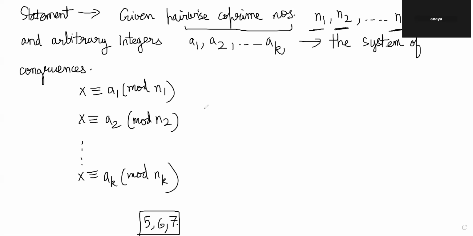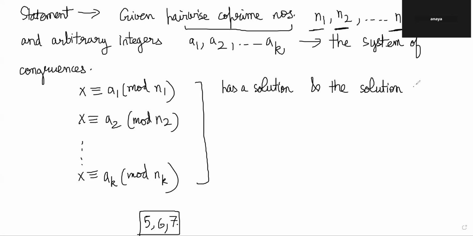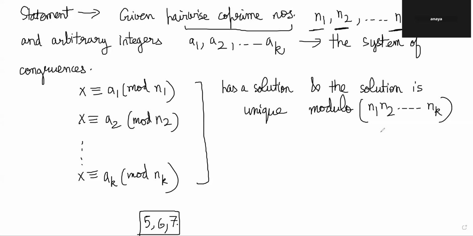In that case, the theorem says that this type of system has a solution, and the solution is unique modulo the product of all of these coprime moduli.